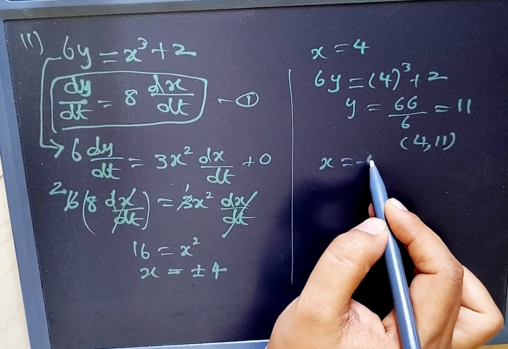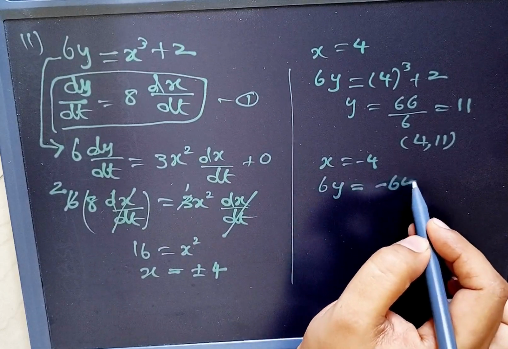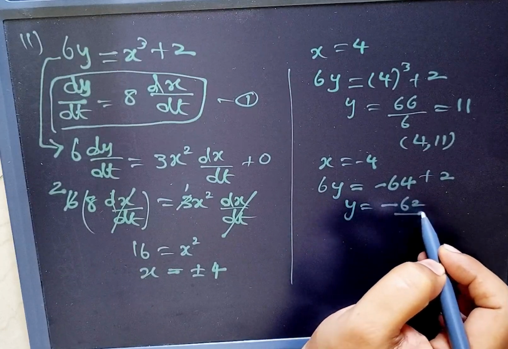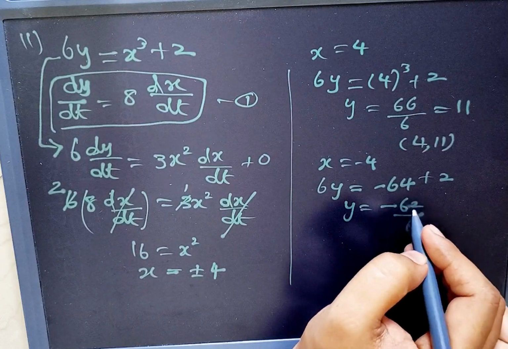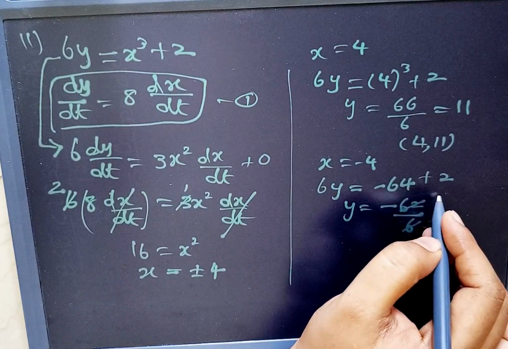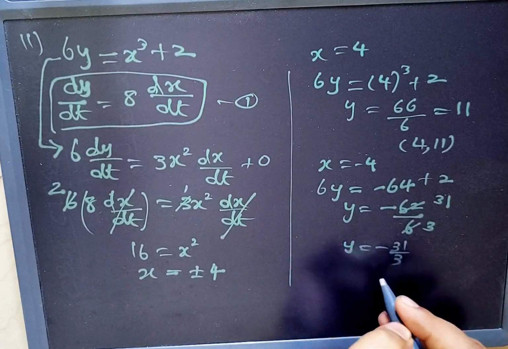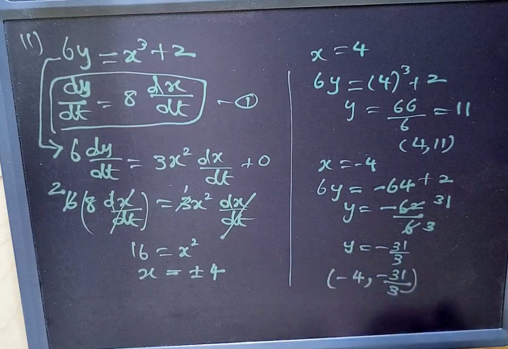Or when x is equal to minus 4, we get 6y is equal to minus 64 plus 2, that is minus 62. So y will be equal to minus 62 by 6. On simplifying, this is 3 times, this is 31 times. So we get y is equal to minus 31 by 3. So the coordinates will be minus 4 comma minus 31 by 3.